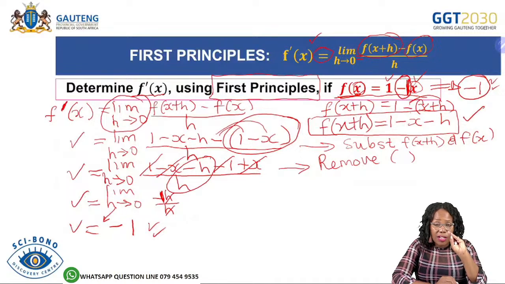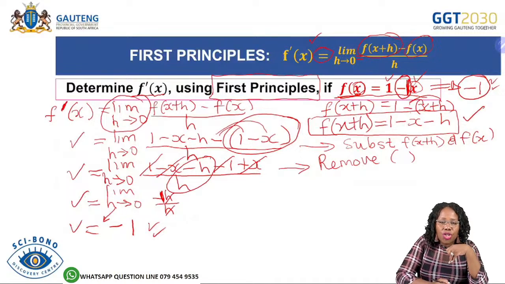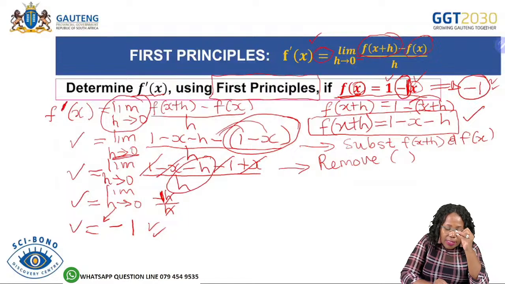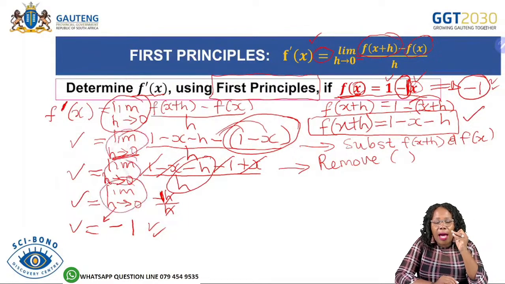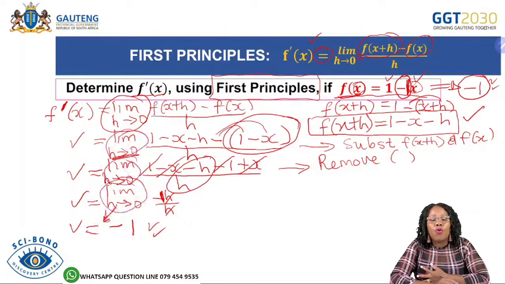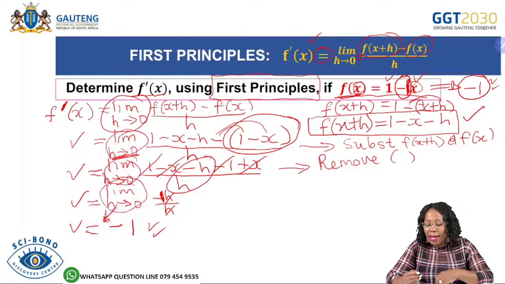So be careful of such mistakes. As they continue simplifying, they omit this limit. It must continuously be there up to the step before your final answer. The last mistake, learners, they put a limit on the final answer. Those are the mistakes mostly done by learners.